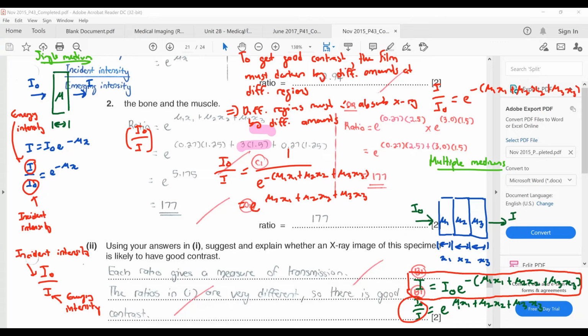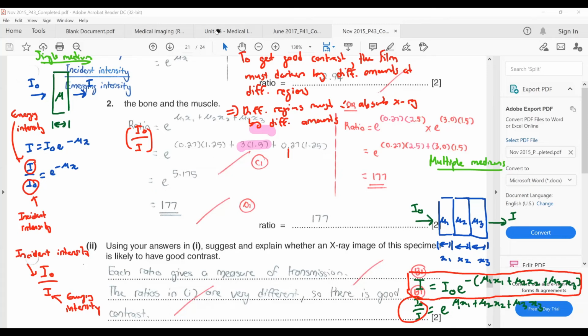So here you could also say something about that. Rather than saying that the X-rays are absorbed by different amounts, you can also say that the X-rays are transmitted by different amounts. Rather than saying the different regions must absorb X-ray by different amounts, you could reword it by saying the different regions must transmit X-ray by different amounts.